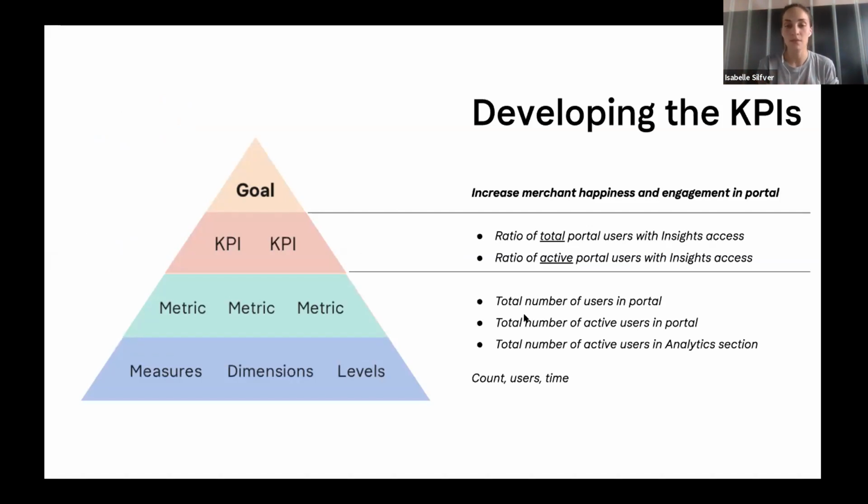So for instance, for this specific goal, we looked at the ratio of all the users that have access currently, and how many of those are actually interested in coming back over and over again. And how these trickle down to several different supporting metrics that we needed to find the data sources of, tweak and merge, in order to have something that we could look at on a week-to-week basis.